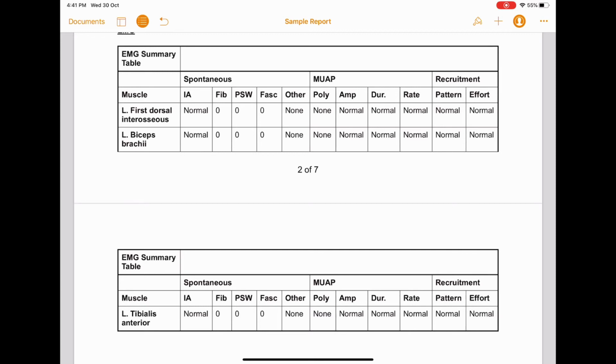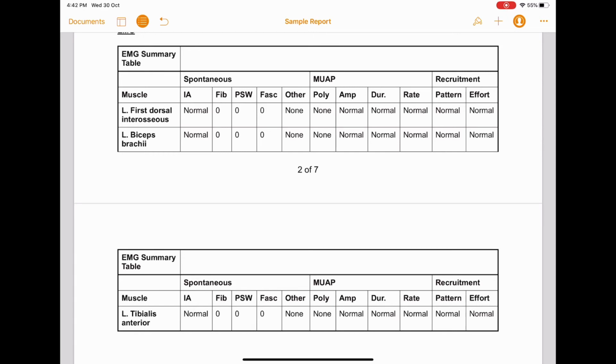And then we look at the motor unit action potential, which is when we ask the patient to activate the muscle according to the muscle we are checking. So we look at the morphology of the motor unit action potential in different ways. Like we see how many phases it has. If it has more than 4 phases, it is polyphasic.